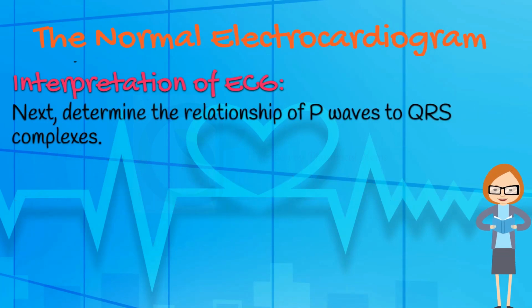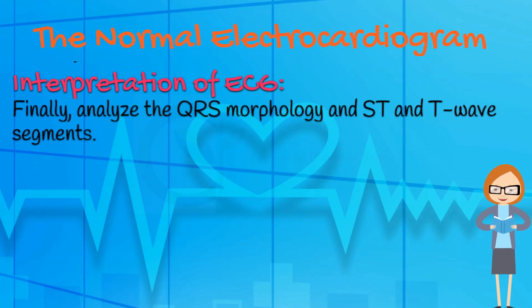Next, determine the relationship of P waves to QRS complexes. Finally, analyze the QRS morphology and ST and T wave segments.